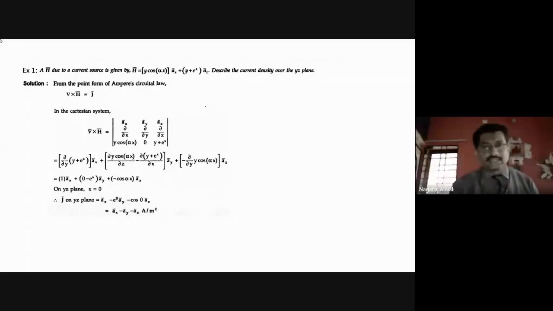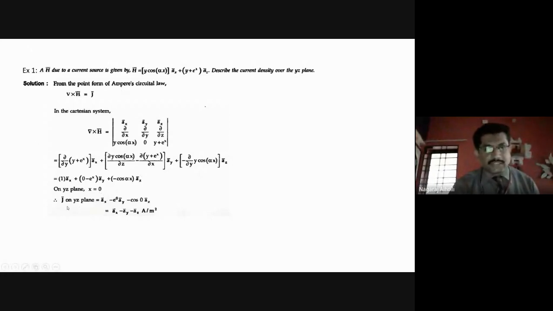In the yz plane x is 0, right? It is the front wall where you are sitting, the exact opposite wall to where you are sitting. That is the yz plane. So on the yz plane, x coordinate is 0. Hence, we are having this as 0. On the yz plane, x is equal to 0.